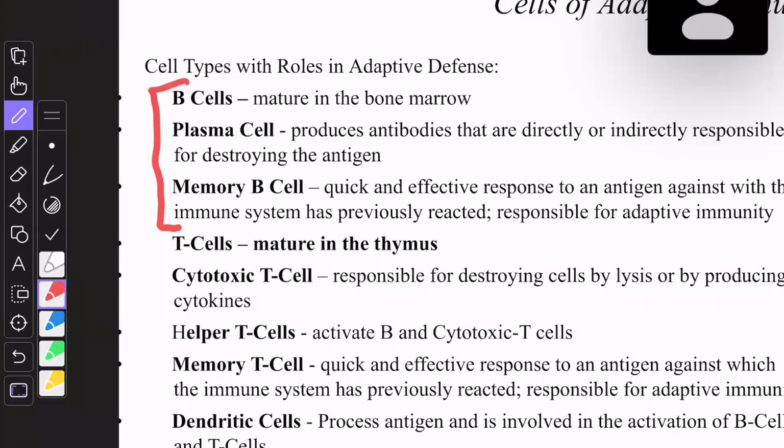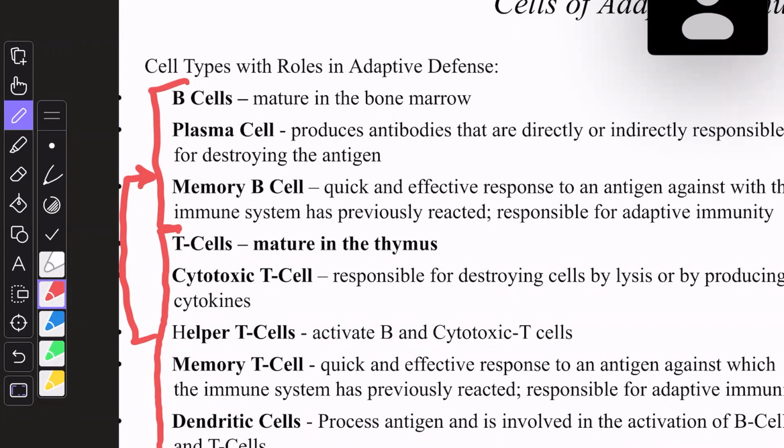Now, we have the same thing here. T cells, cytotoxic T cells, helper T cells, memory T cells. Dendritic cells get involved here as well, but we're not going to worry about them as much. I will say this: helper T cells can involve themselves in the B cell process.